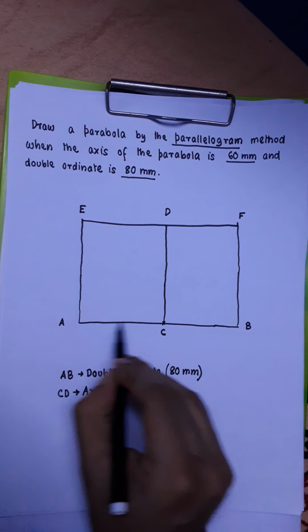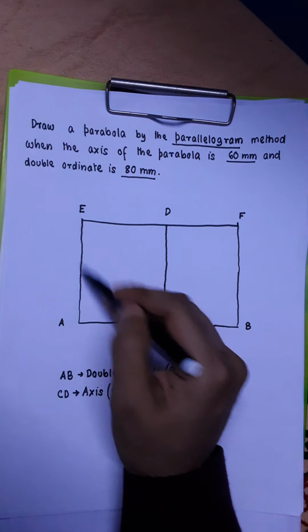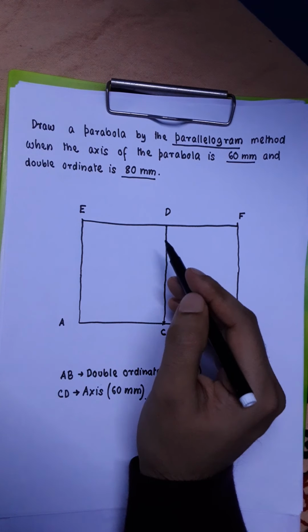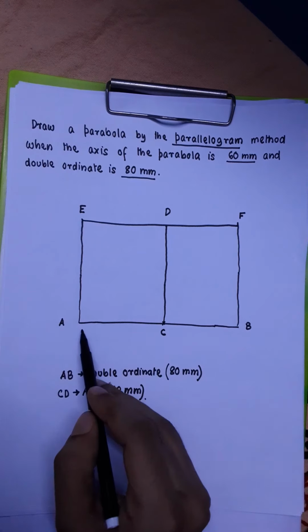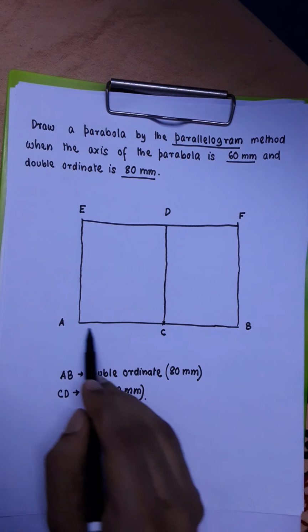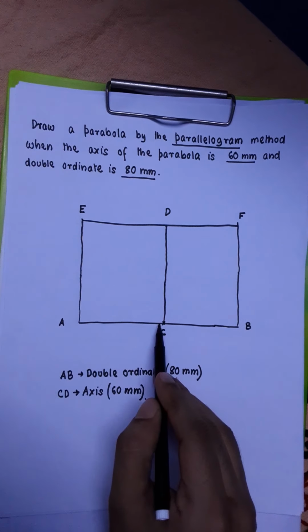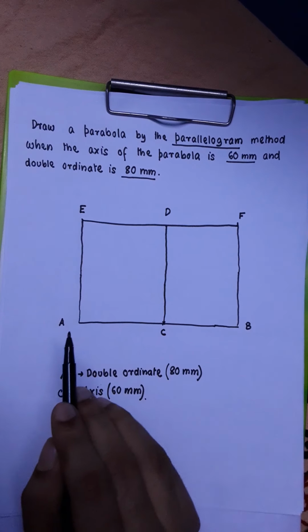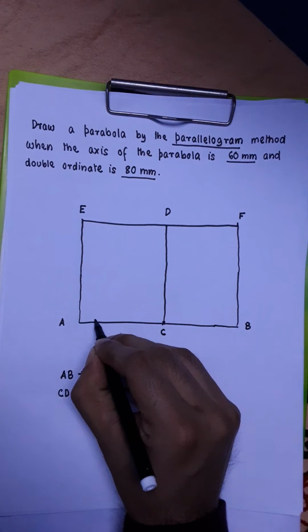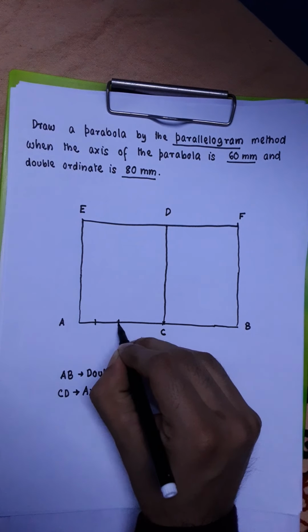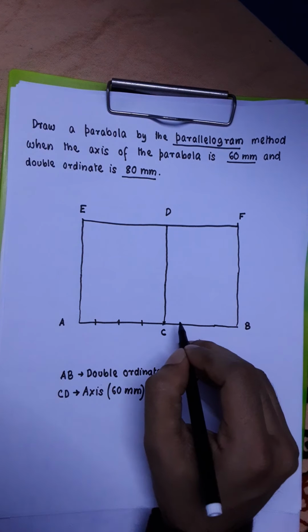So you divide this side AC and this side EA into the same number of equal parts. Again I repeat, you divide this side AC and this side EA into the same number of equal parts. So if you divide AC into 4 equal parts, EA also you have to divide into 4 equal parts. So let us divide AC into 4 equal parts: 1, 2, 3 and 4.